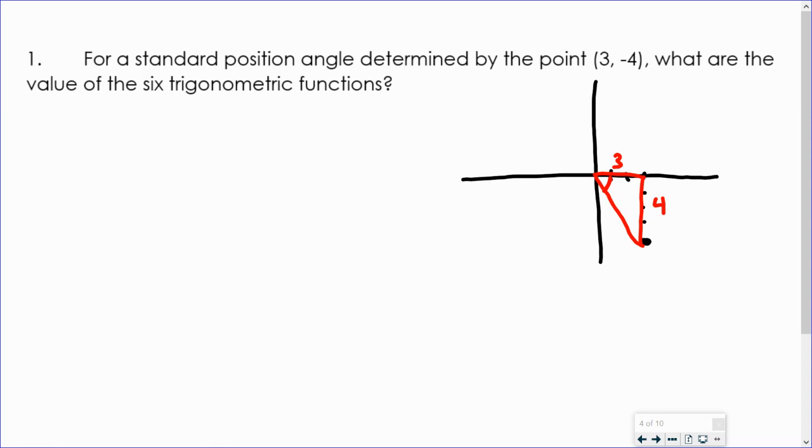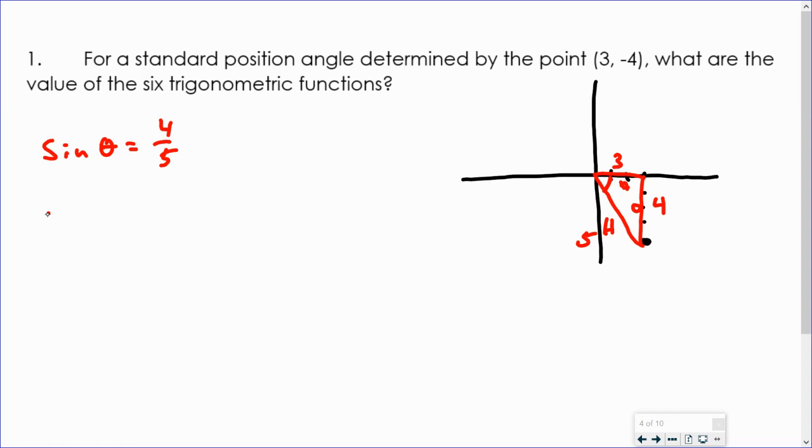So what are the 6 trig functions? Well, first thing I want to do is, if I'm talking about this angle, this is the opposite, this is the adjacent, and this is the hypotenuse. Then I better figure out how long the hypotenuse is. Well, this is a 3, 4, 5 right triangle. So the sine of theta is equal to the opposite 4 over the hypotenuse 5.